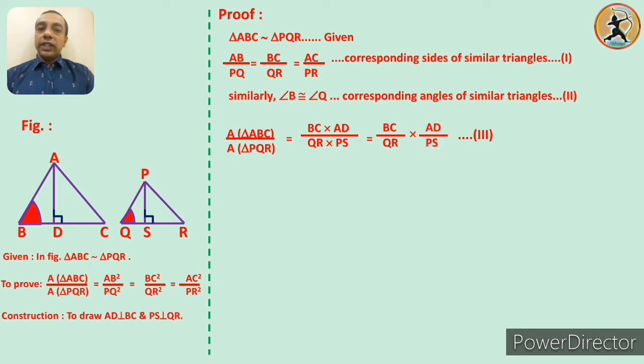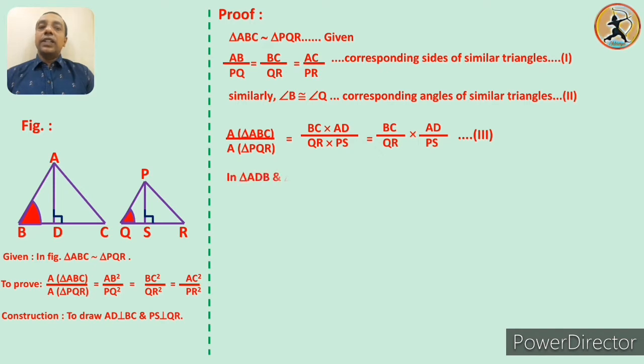So concentrate in triangle. We have to prove that AD and PS are in equal ratio or are in proportion with the sides of original triangles. So let us consider those two triangles in which we can get AD and PS and sides of original triangles also, and those two triangles are triangle ADB and triangle PSQ.